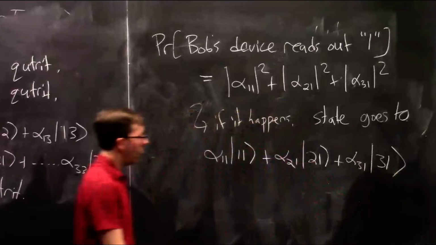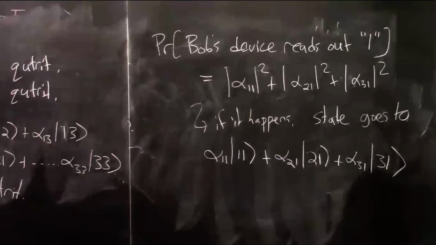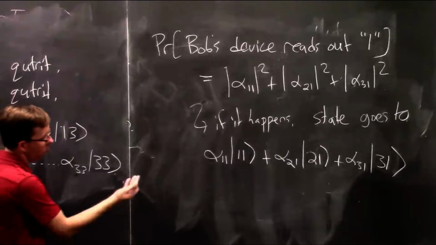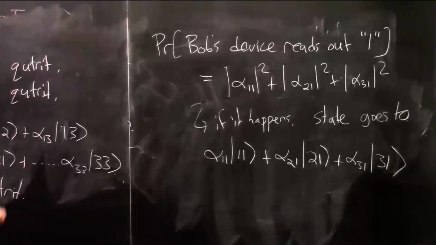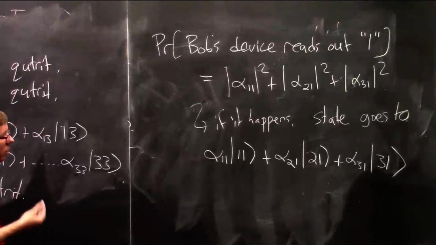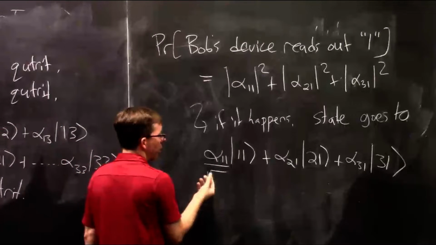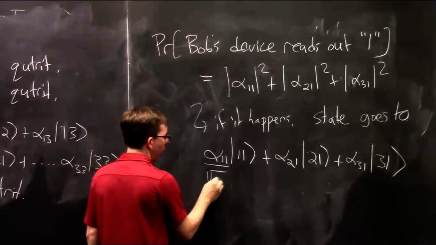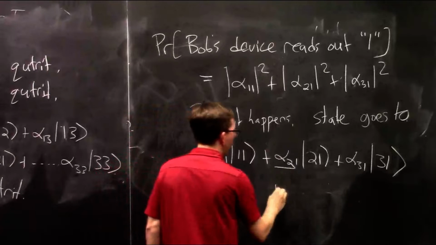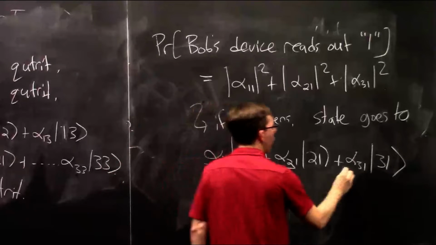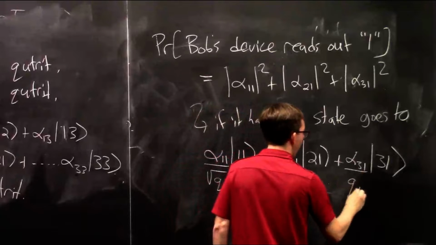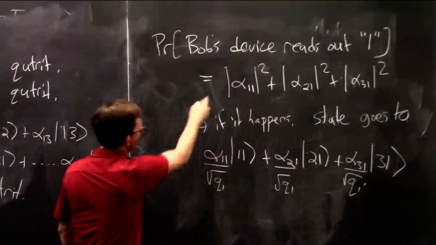This is still a 9-dimensional vector, but 6 of the components are 0, or more if some of these alphas are 0. And this is not quite right because this is not a unit vector, so you have to divide all these by some number which will make it a unit vector. So I'll call that square root of q1, where what is q1? It's this.